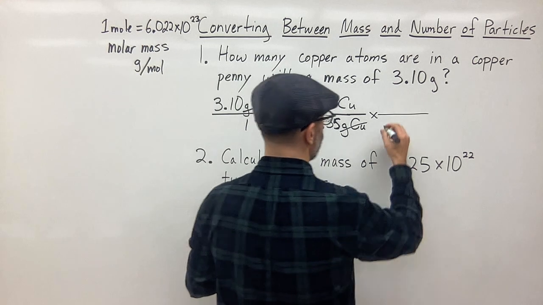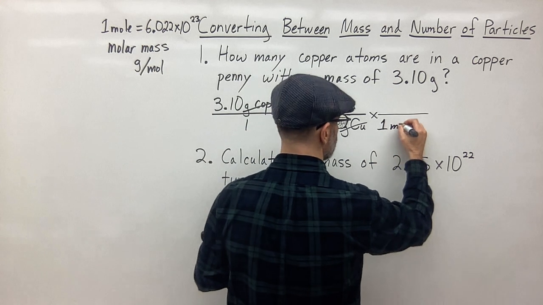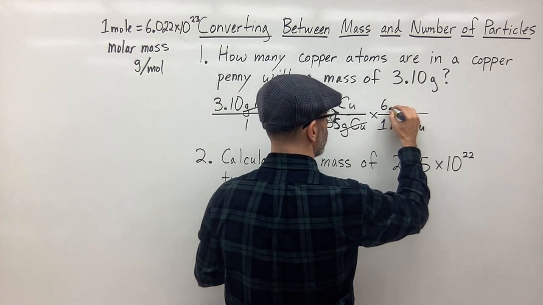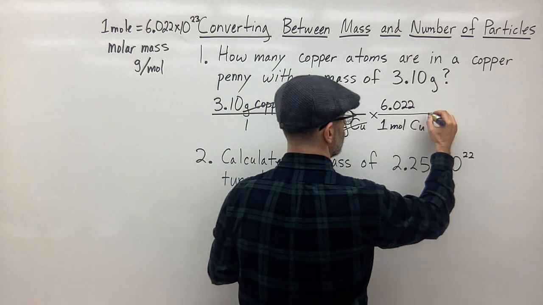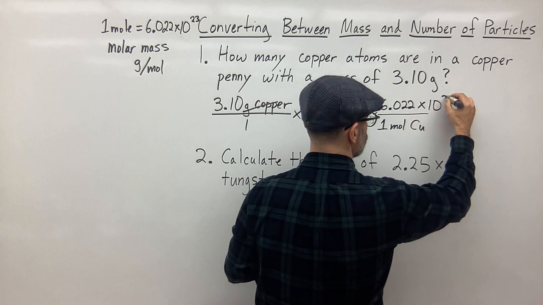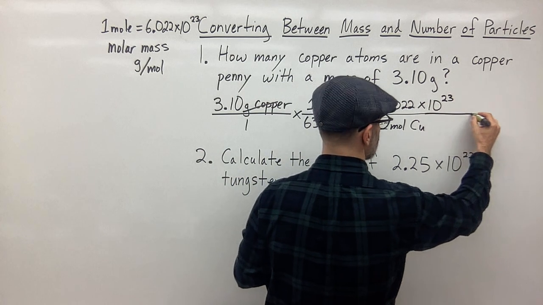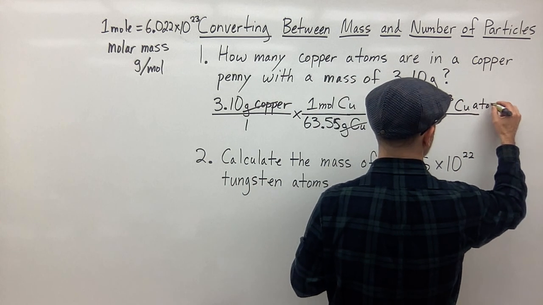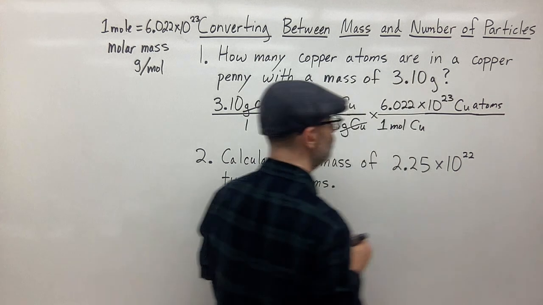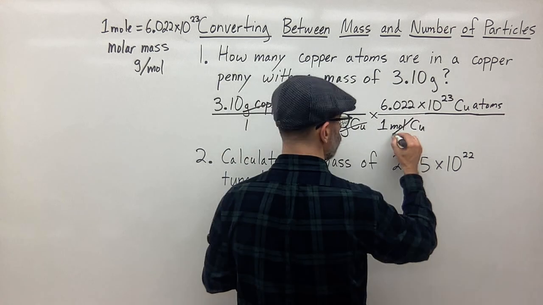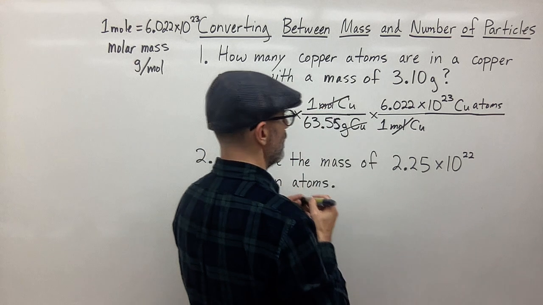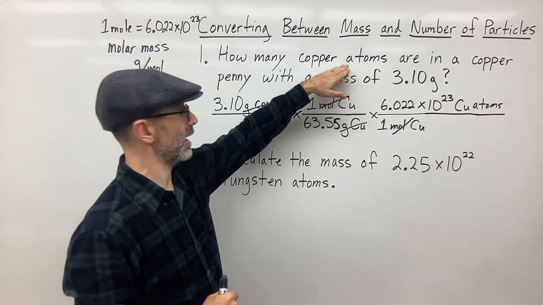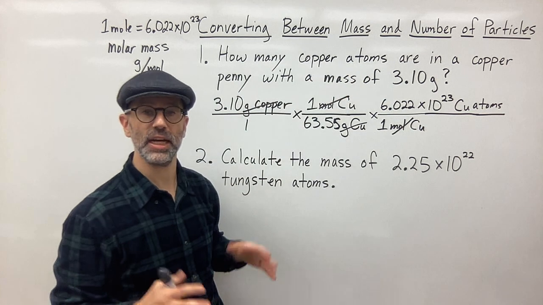So that means that 1 mole of copper is equal to 6.022 times 10 to the 23rd copper atoms. Now moles of copper cancel out, and I have copper atoms on top. That is what the problem is looking for. So I'm done. I don't need any more conversion factors.